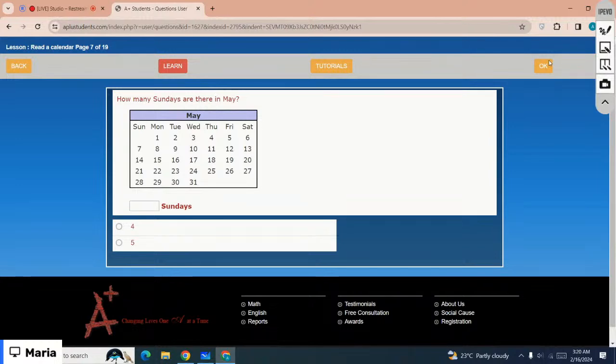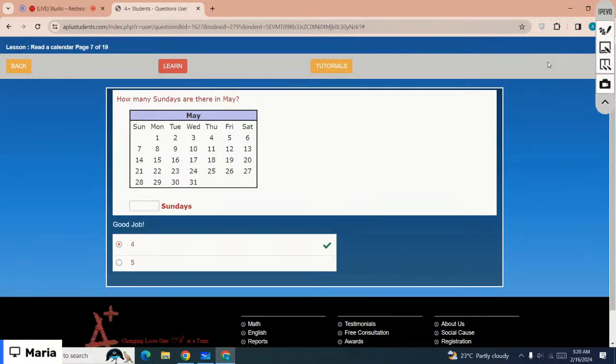The correct option is four. You need to count the dates below the Sunday, right? One, two, three, four. That means there are four Sundays in May.